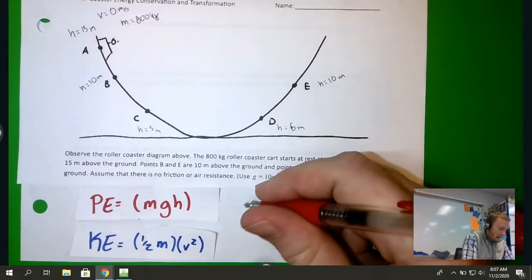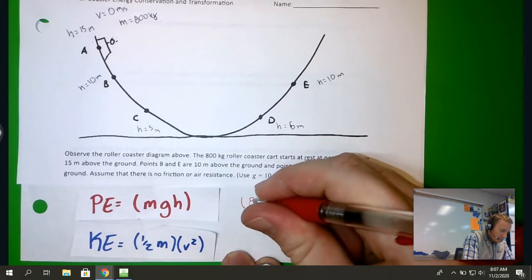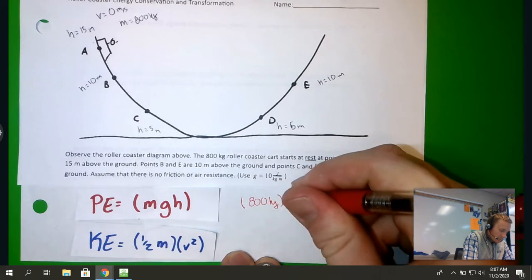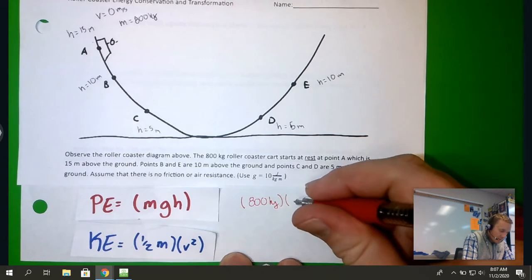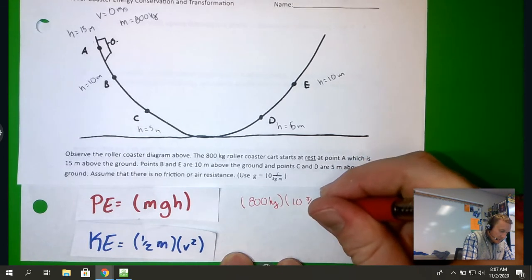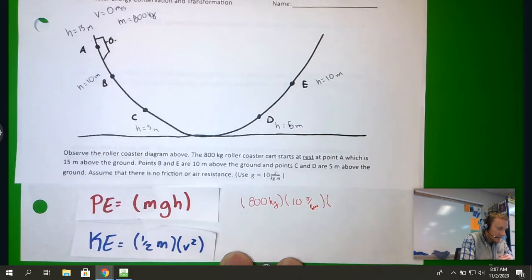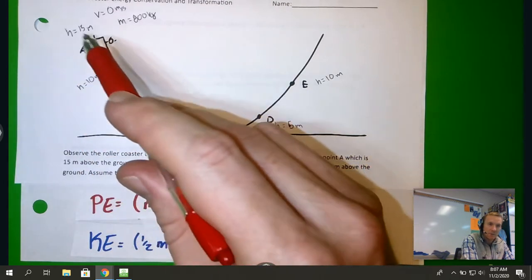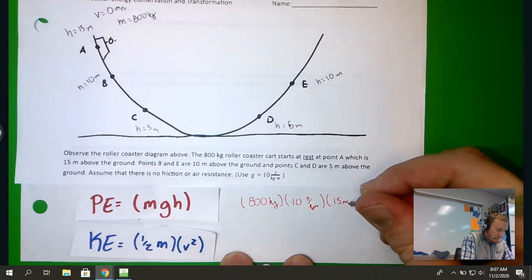We're going to take the cart's mass at point A, which is 800 kilograms, and we're going to multiply that by the gravitational constant, which again we are using 10 joules per kilogram meter. And we're going to multiply that finally by the height of the cart at this point. The height at point A is 15 meters.